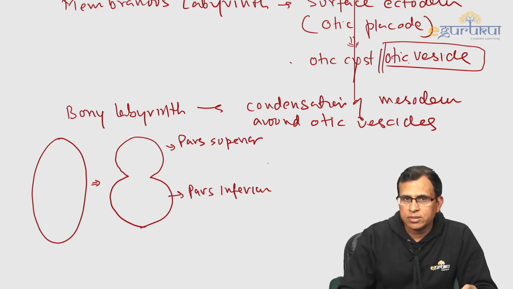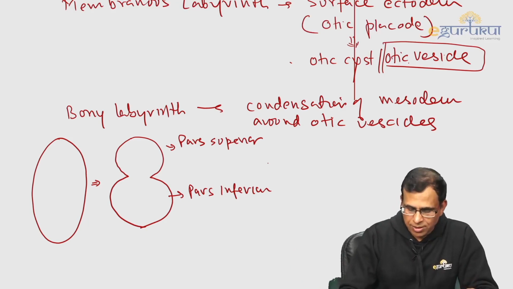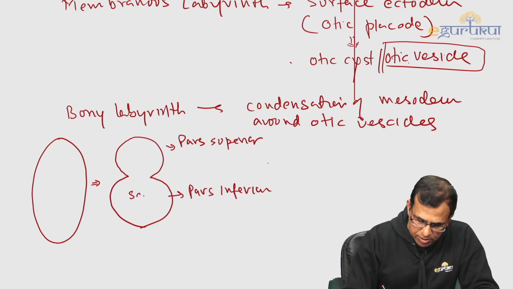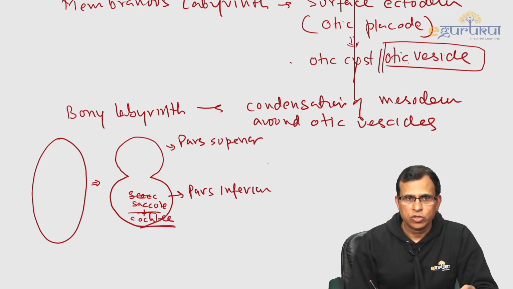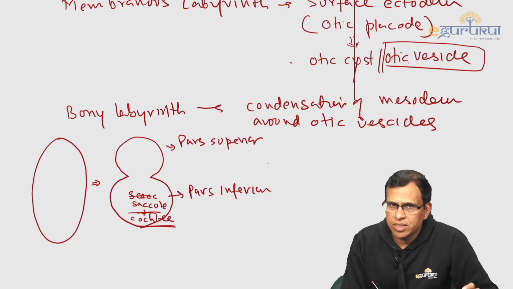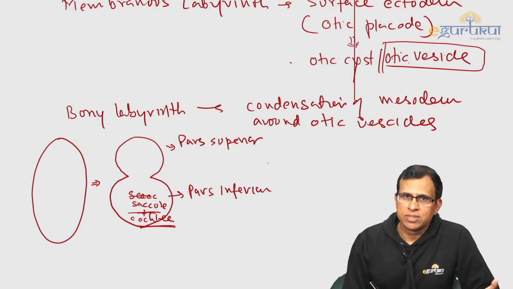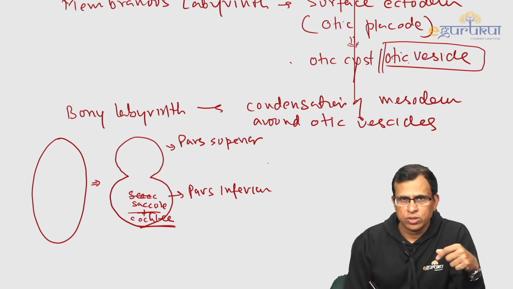So, the interesting point is the saccule, which is from here. Saccule is developmentally closer to the cochlea, isn't it? They both develop from the same area. But functionally, what is the function of the saccule?